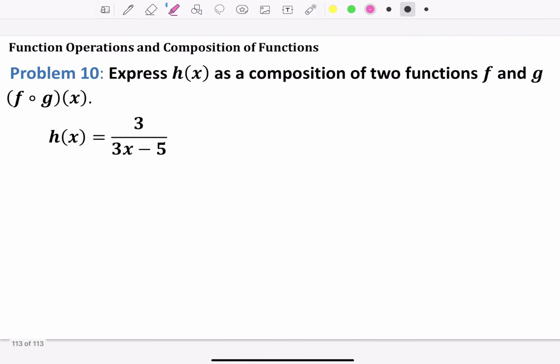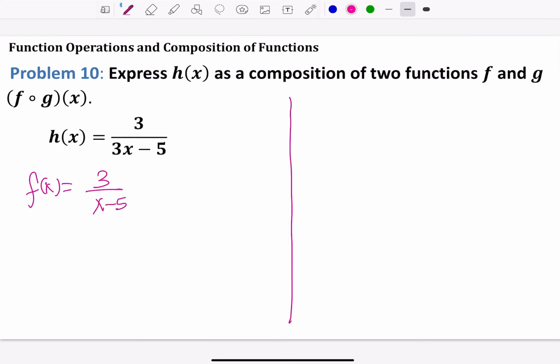Let's see another example. H of x is 3 over 3x minus 5. For f of x, we could use 3 over x minus 5, and g of x could have been 3x, or the other possibility, f of x could have been 3 over x, and g of x could have been 3x minus 5.